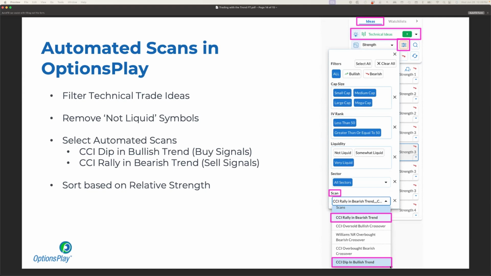This is basically the bullish and bearish version of the scans of the specific trading strategy that I just showed you. What I generally do is take out stuff that's not liquid or somewhat liquid and only look at strategies that are very liquid. So under trade ideas, under technical scans, you can sort and filter for these two specific scans, CCI rally and CCI dip. If you just remove the not liquid and somewhat liquid symbols, that gives you a pretty good sense of the strategies that you might want to look at for that given day.